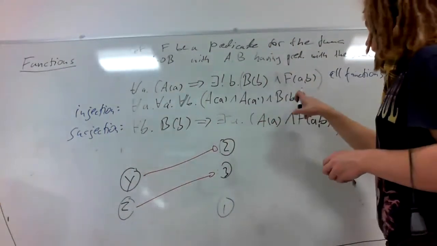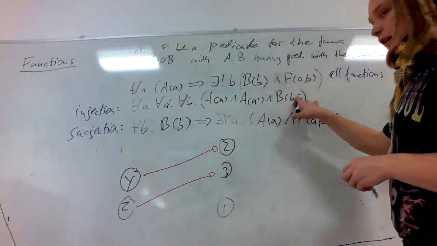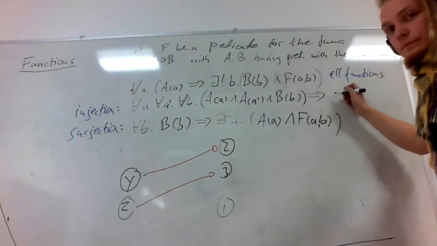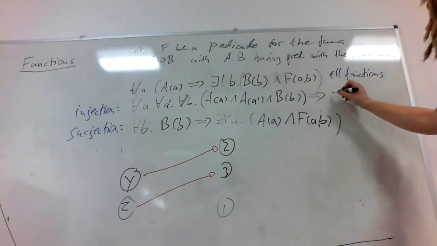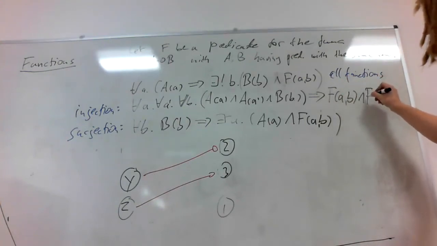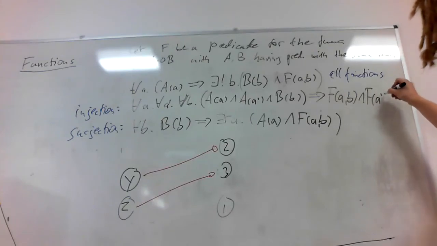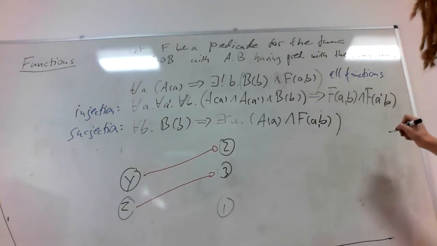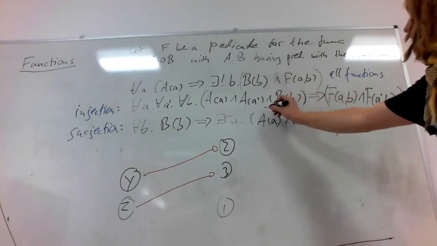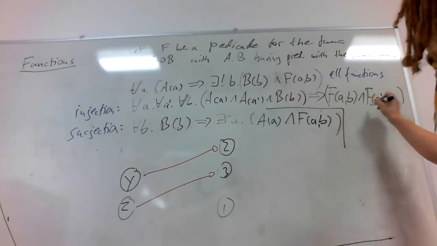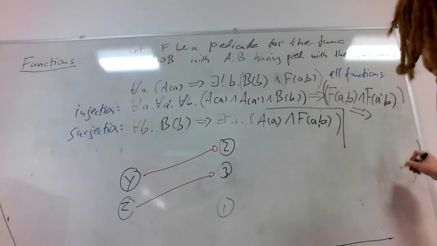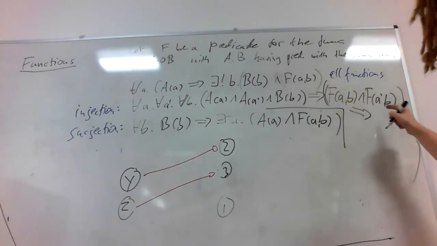If A maps to B and A prime also maps to B, and I don't have space anymore, then this has to imply that these two are the same.